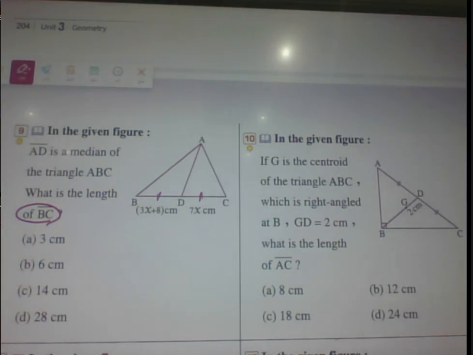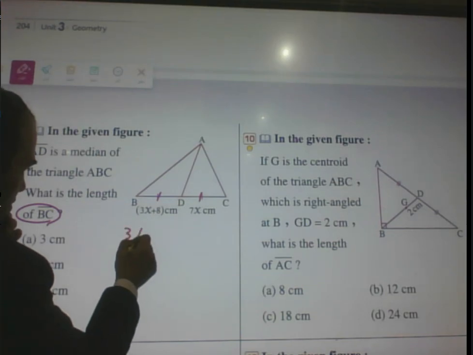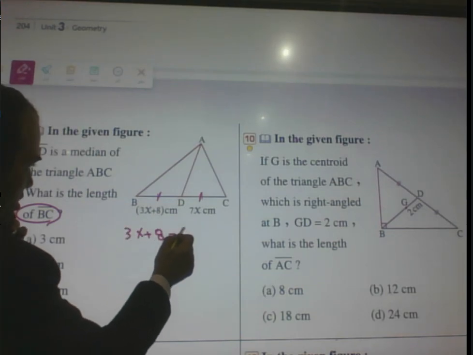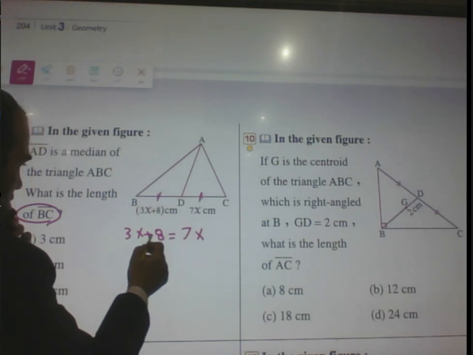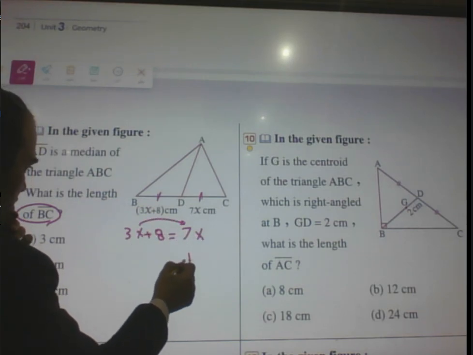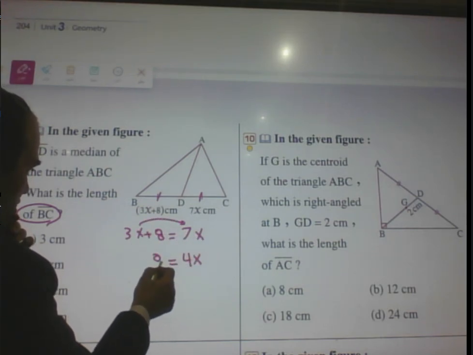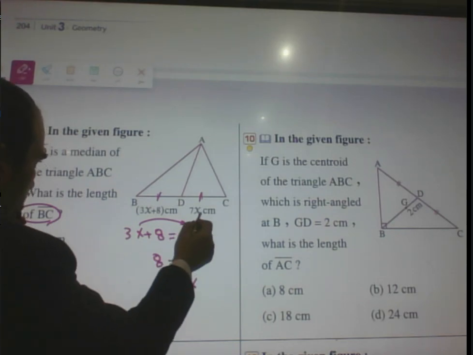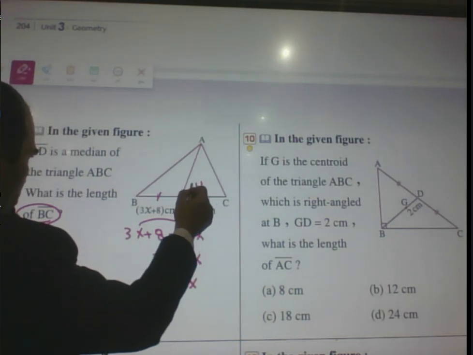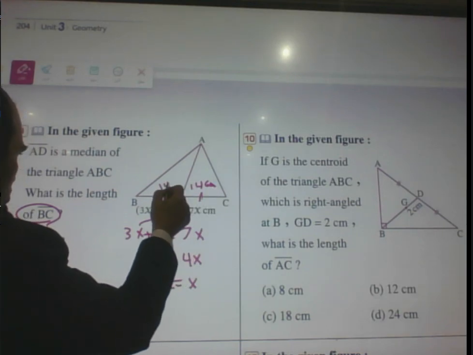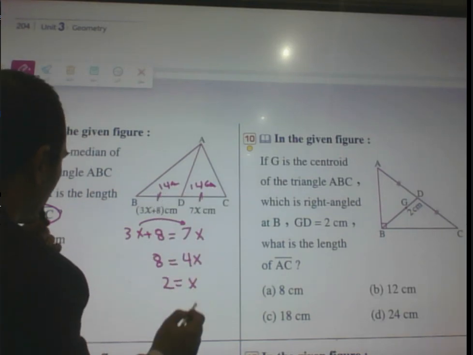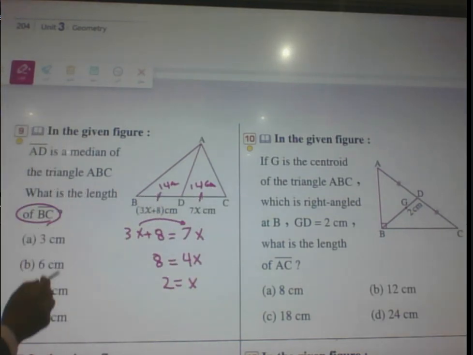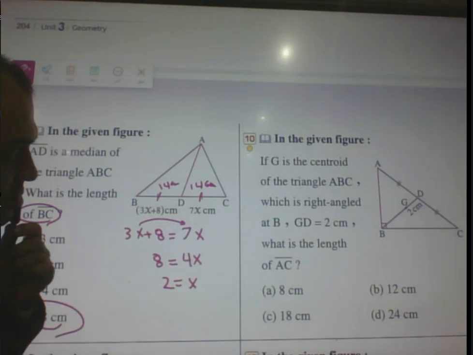Then 3x plus 8 equals 7x. We subtract 3x from 7x to get 4x. 4x equals 8, then the value of x equals 8 divided by 4, which equals 2. Then the length here is 2 times 7, equal to 14 centimeter, and this also equals 14 centimeters. They are equivalent. Then BC is 14 plus 14 equals 28.